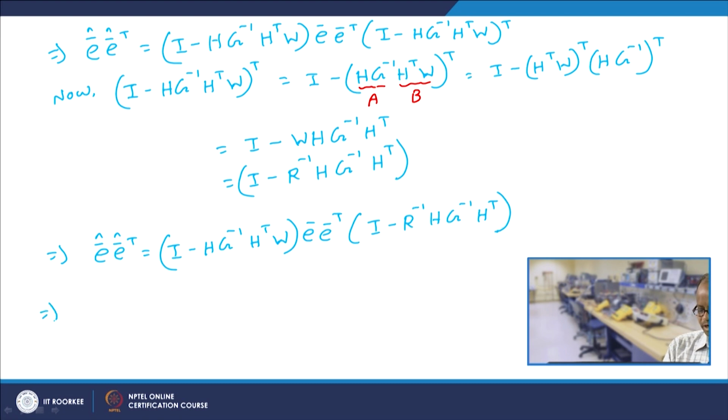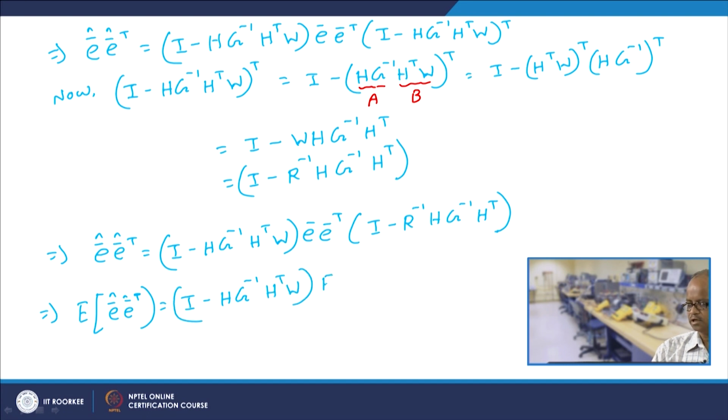If I take the expected value of both the sides, what do I get? I get I minus H G inverse H transpose W. Because this is a constant matrix, I get the expected value of E E transpose into I minus R inverse H G inverse H transpose.